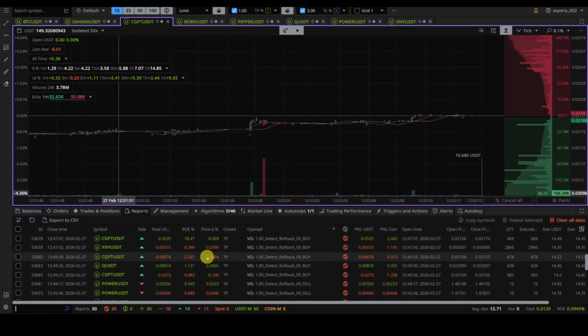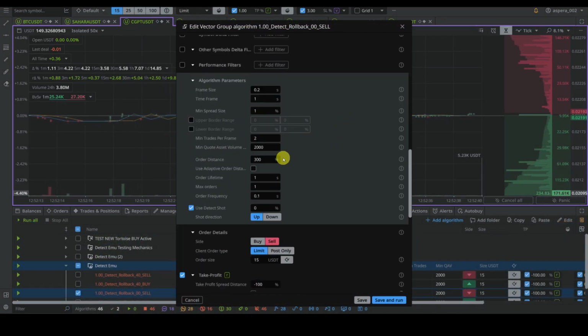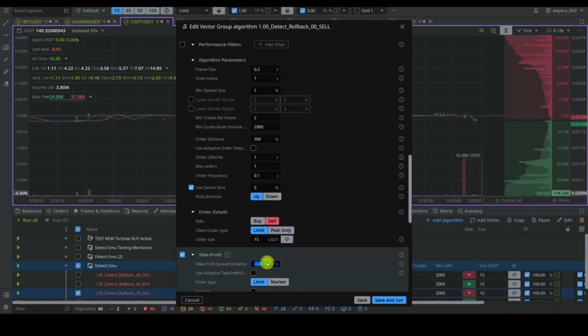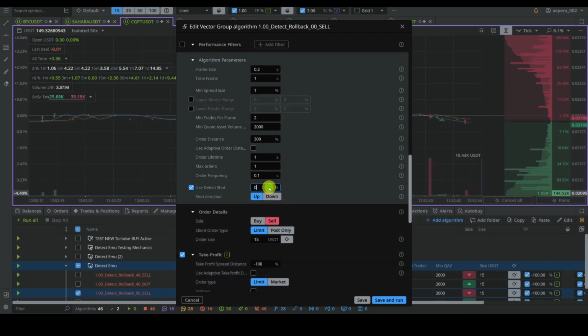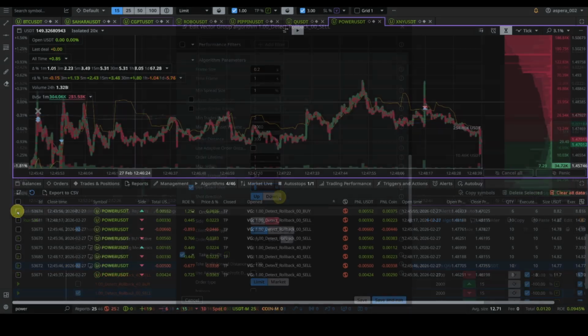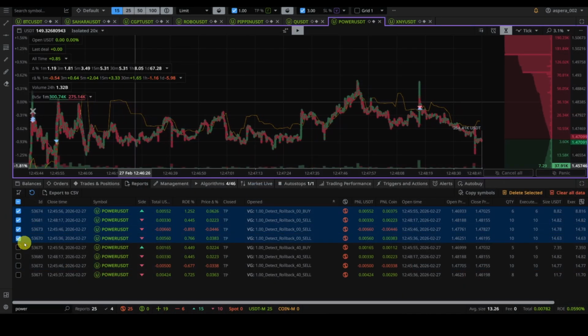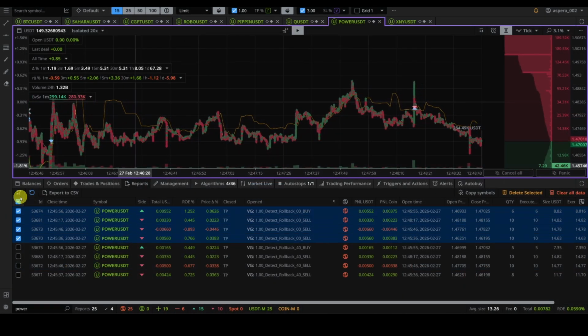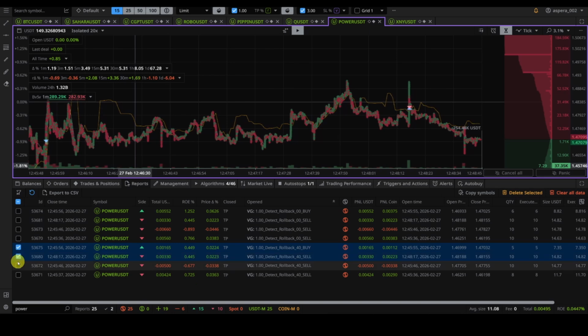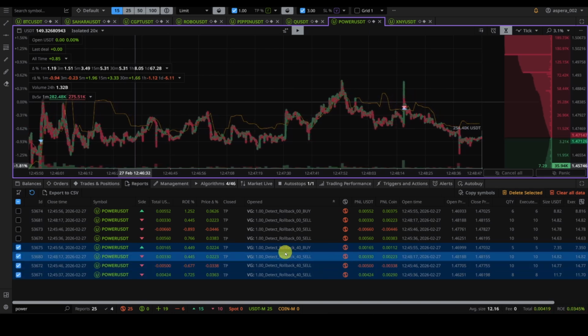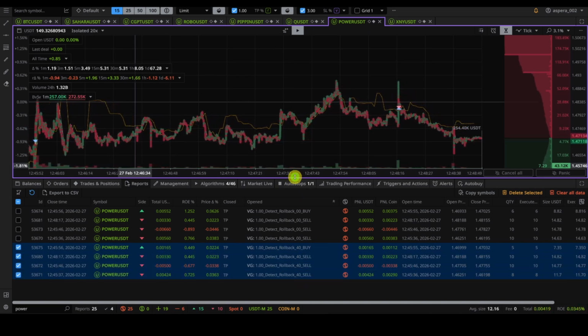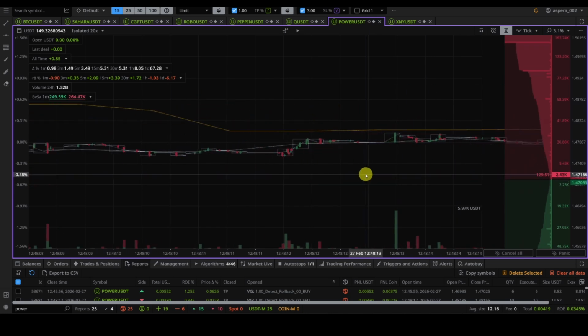You might also want to set up a baseline detect algo with the same settings, except it detects 0% rollback. Then, in your reports, you compare the total number of shots detected by your 0 rollback algo versus your 40% rollback algo to see how consistent the rollbacks are on this coin at this time.